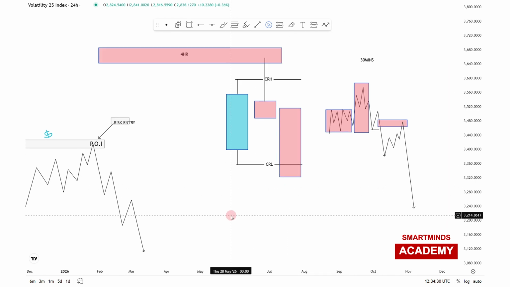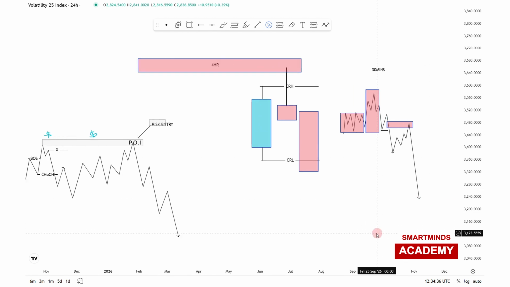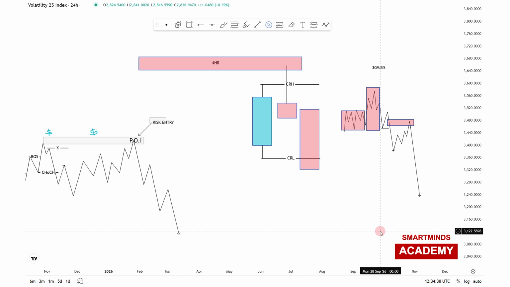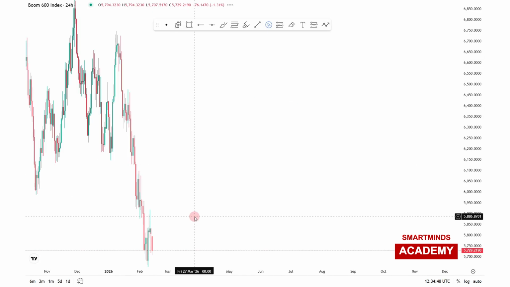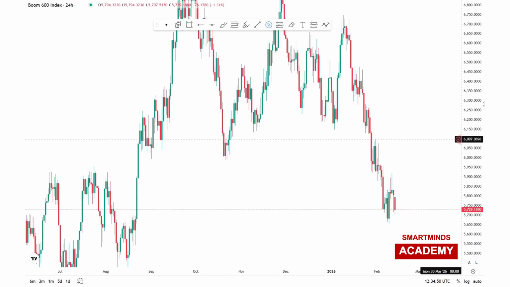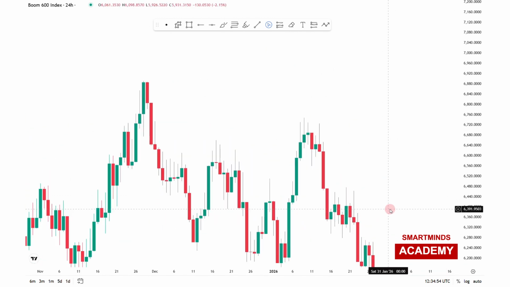So I'll take the very same presentation to the real chart, and I'll show you where this applies. So first of all, I shared the Boom 600 sell setup yesterday. That is where it showed more. I also have a Boom 900 setup. On top of that, I have a Boom 500 setup, where I saw this happening.